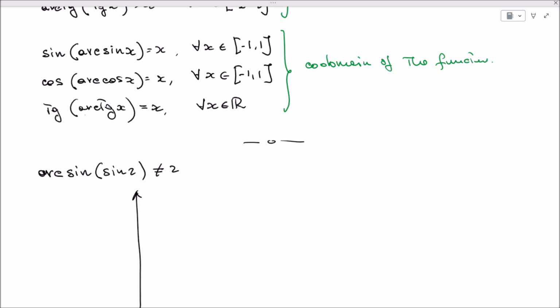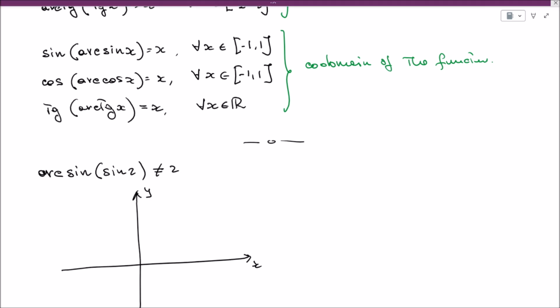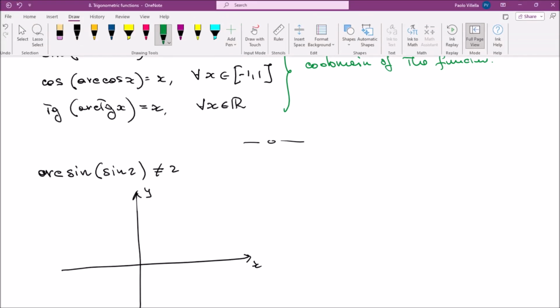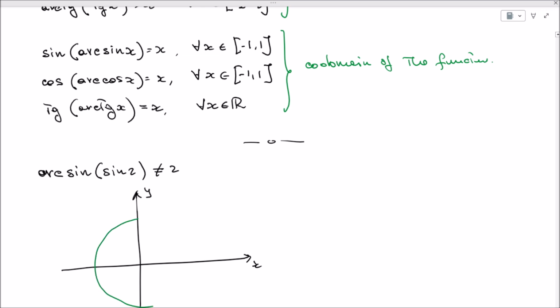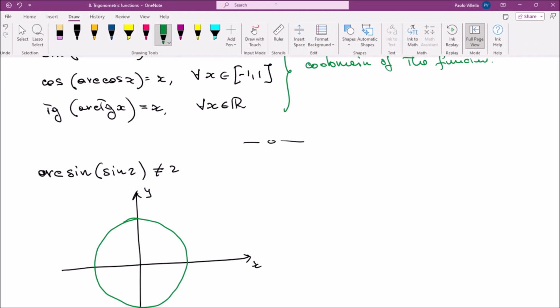So we have the unit circle, and we are saying, okay, what is the sine of 2?